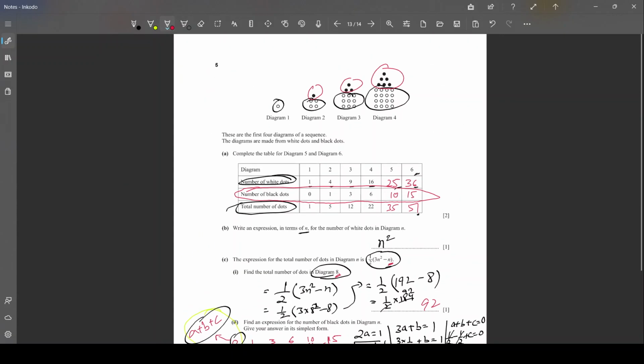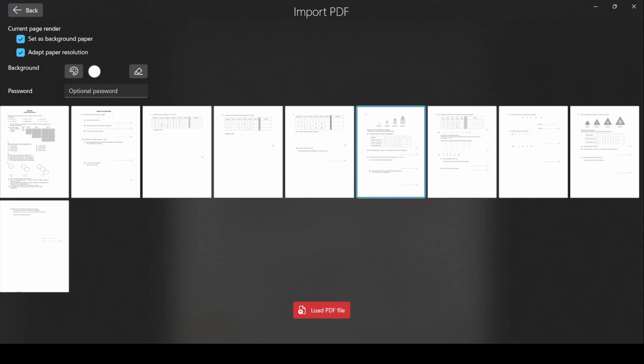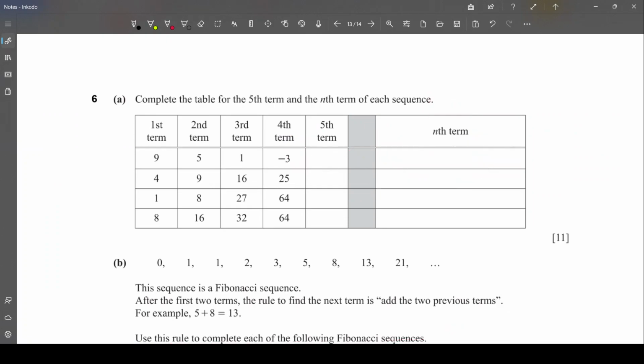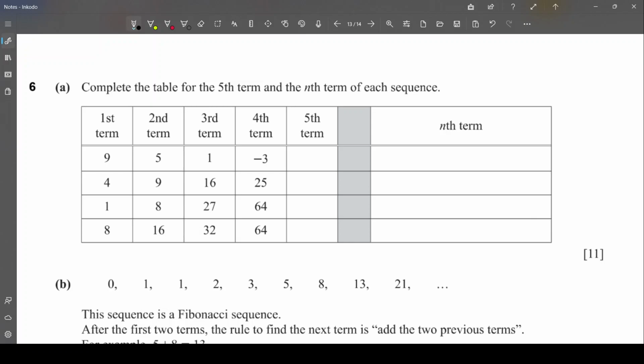So this is the fifth question. Let's do question number 6. This is following a certain sequence you have to identify. 9 minus 4 is 5, 5 minus 4 is 1, 1 minus 4 is minus 3, and minus 3 minus 4 is minus 7, okay.